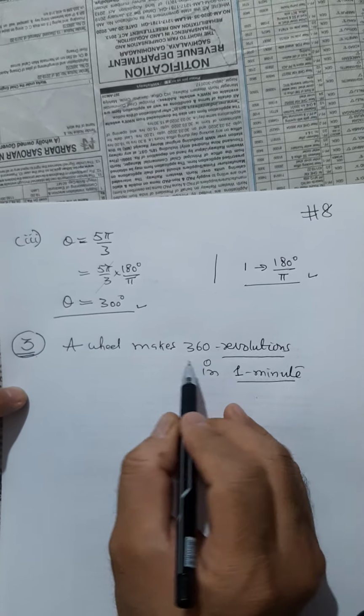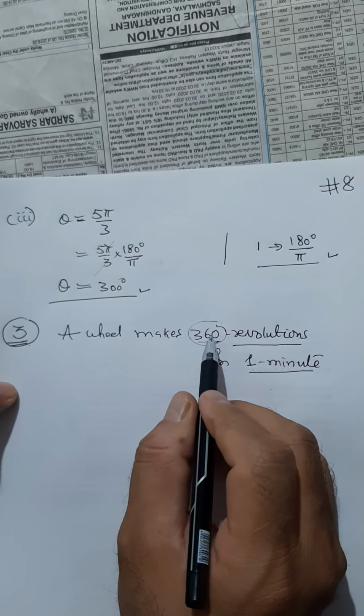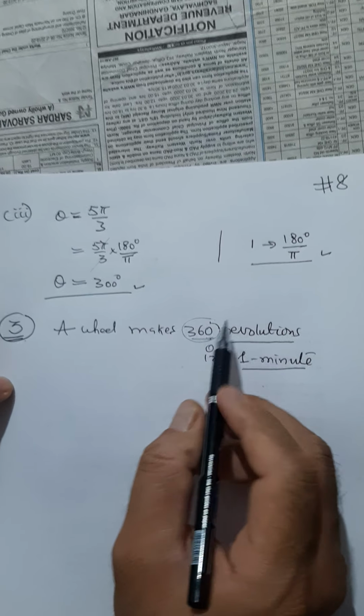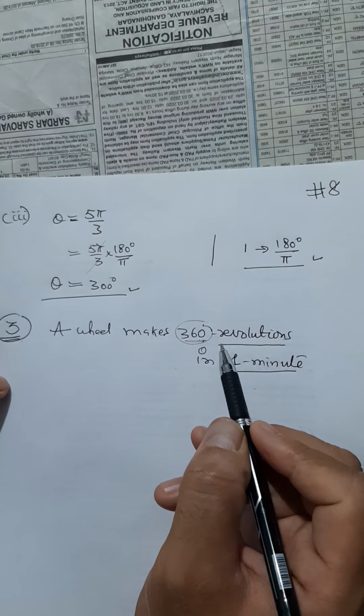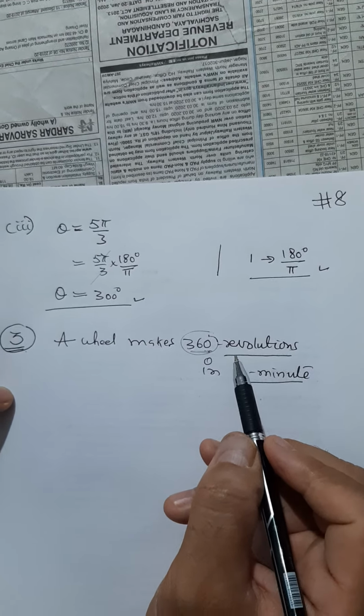In 1 minute, total rotations equals 360. Now the question is how many radian, means you are asked indirectly arc length, does it turn in 1 second?